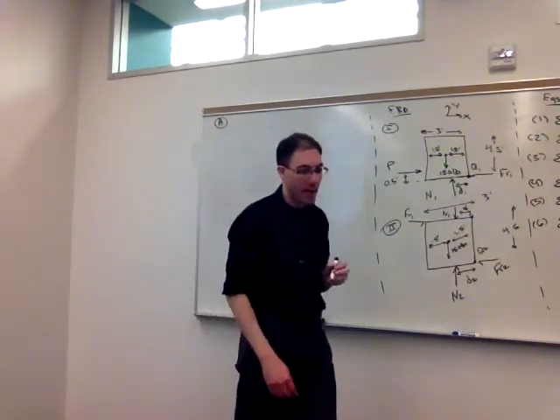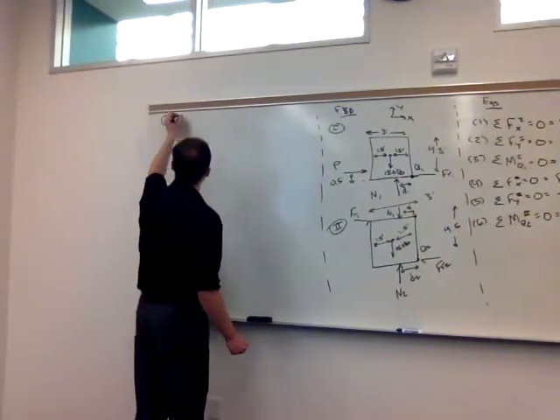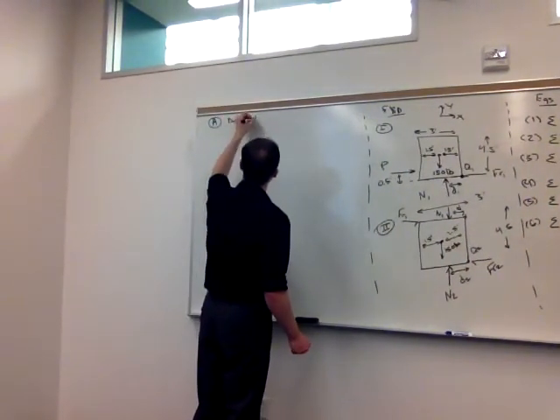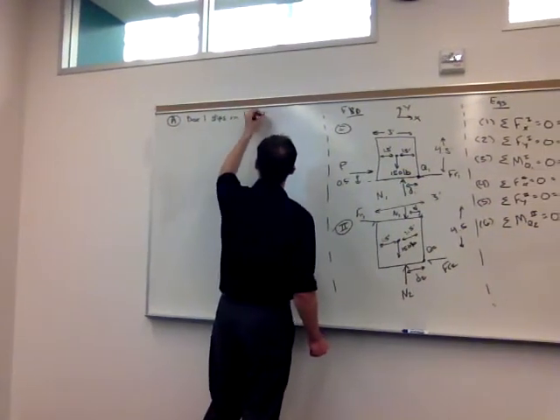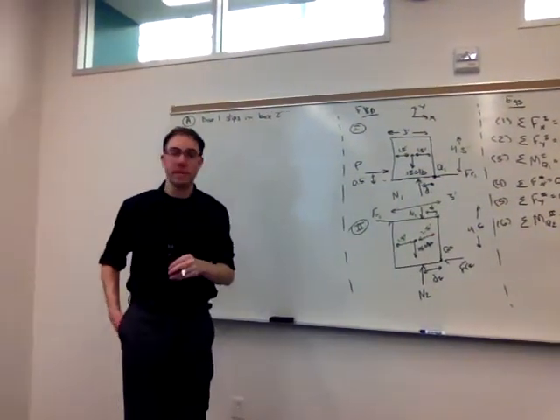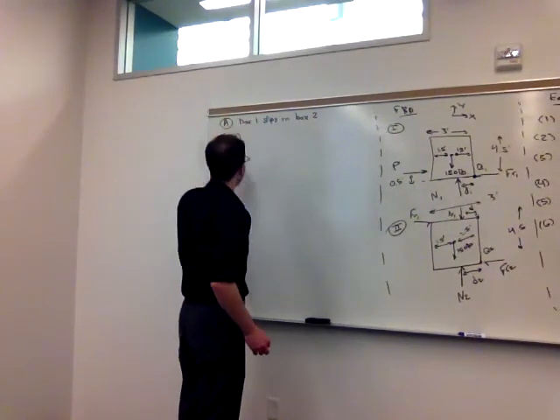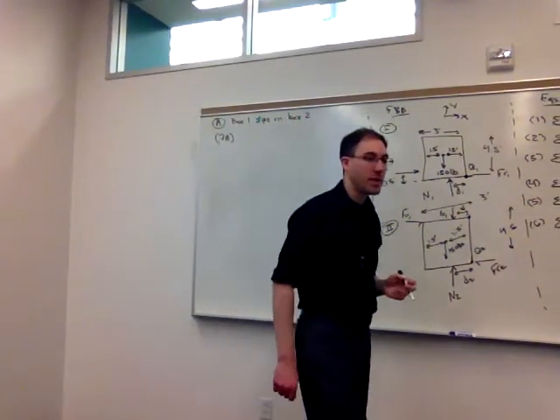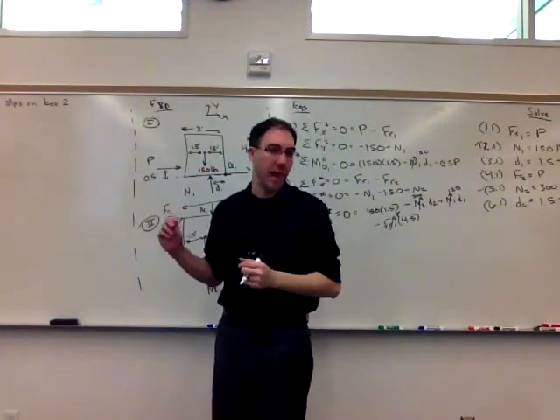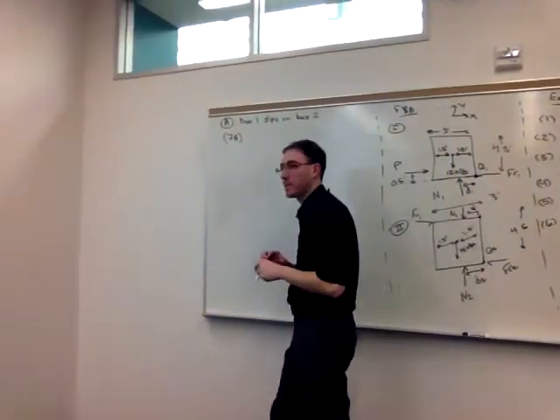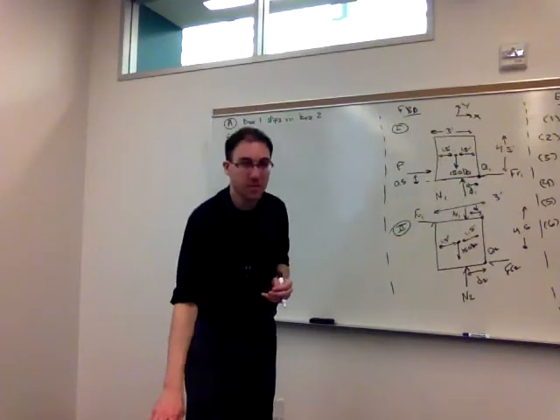I'm going to call scenario A, in my notes, box 1 slips on box 2, one being the top, 2 being the bottom. This will introduce a new equation or equations that describe this scenario happening, and these are all, again, on the verge of happening. So if box 1 is about to slip relative to box 2, mathematically, what must be the case?